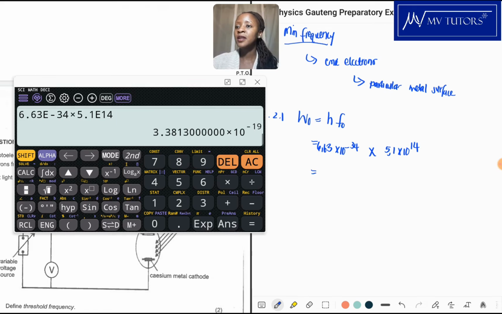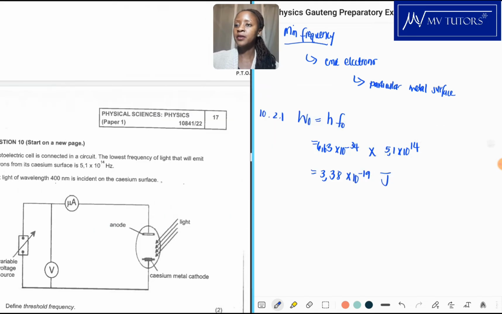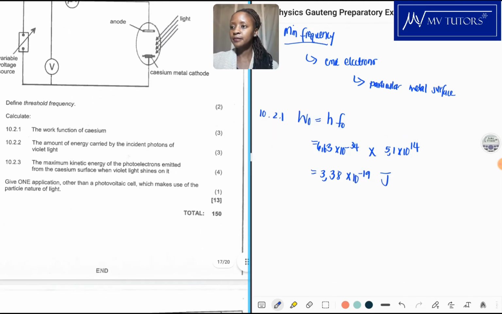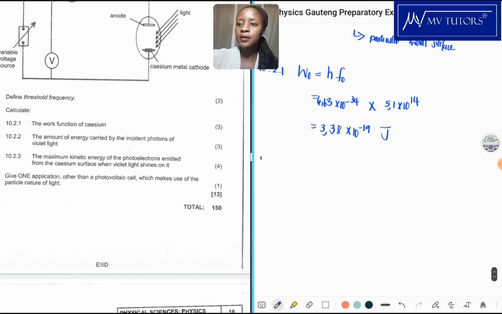So we get an answer for the work function, and this is work, so it is measured in joules: times 10 to the negative 19 joules. Let's get rid of the calculator for now. Now 10.2.2. What we're calculating is the amount of energy carried by the incident photons of that wavelength.